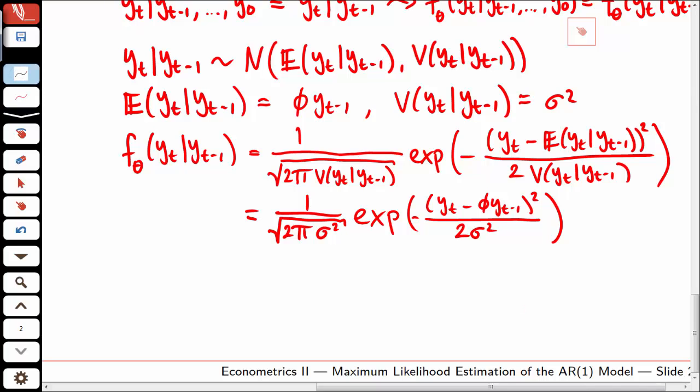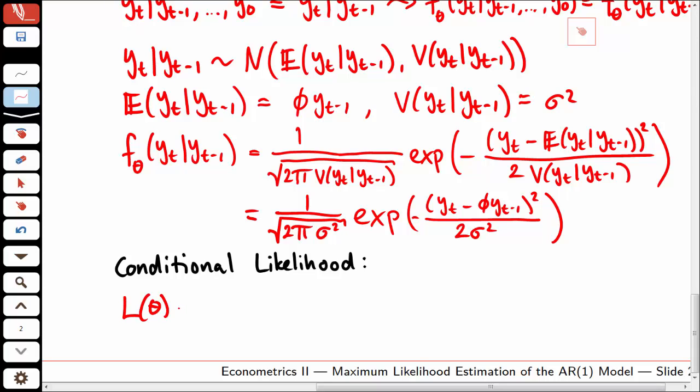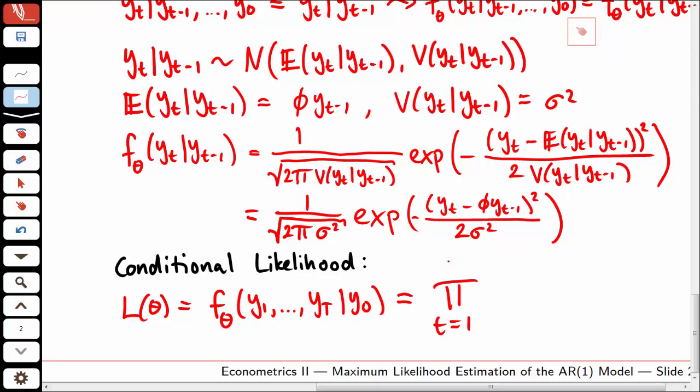We can then write down the conditional likelihood, which is simply given by L of theta, the conditional density of y_1 up to y_T conditional on y_0, and that is simply given by the product of the conditional densities of y_t given y_{t-1}.